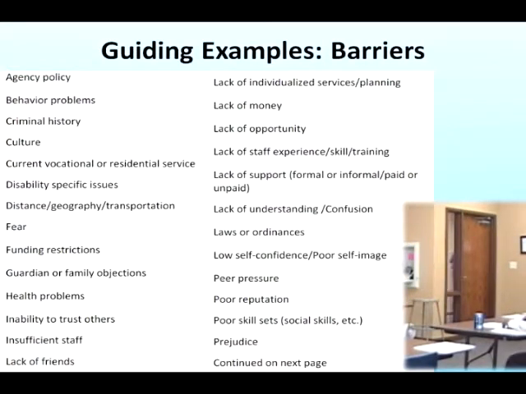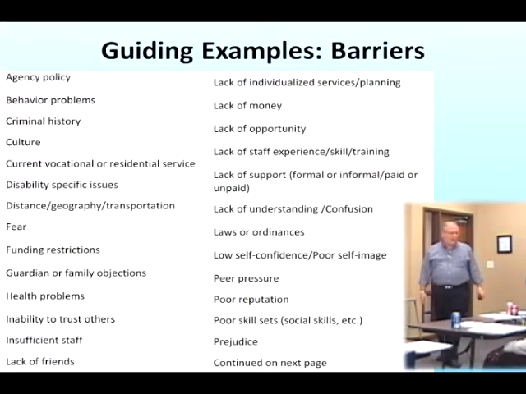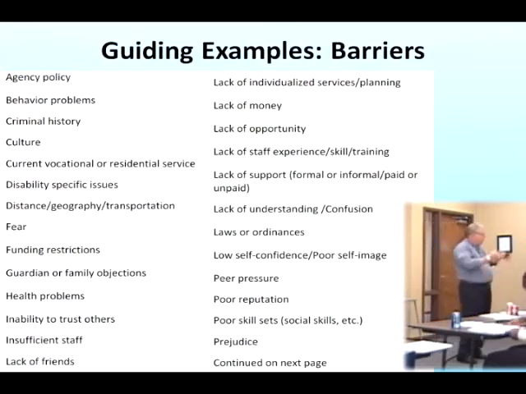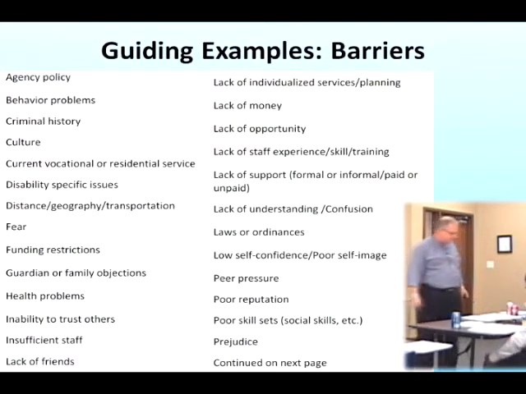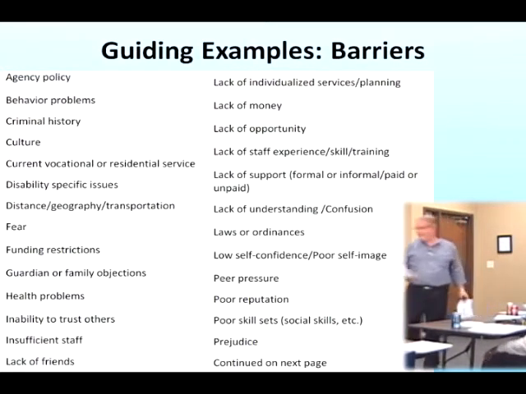Funding restrictions, inability to have sufficient staff, not having transportation, everybody having to have a roommate, a workshop attendance that's mandatory. Any of those things can be a barrier if you're trying to escape. Does that make sense? Or you're trying to avoid something, or you're trying to get something.